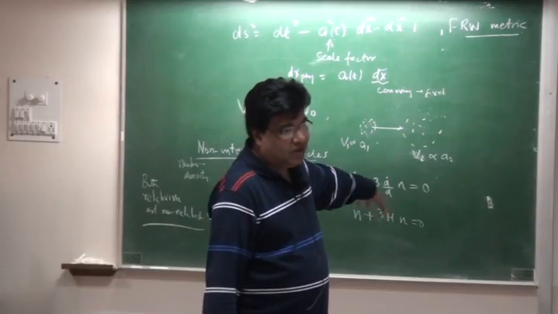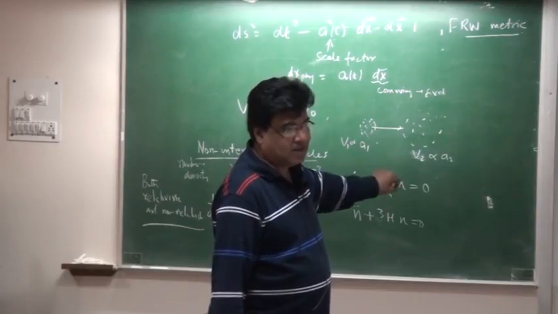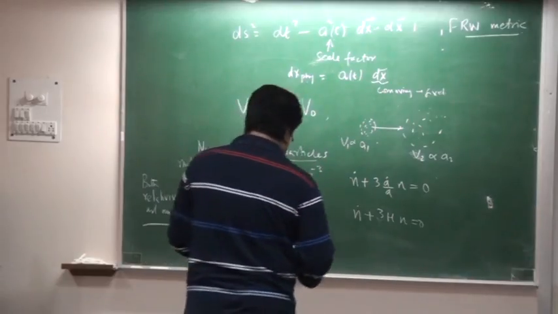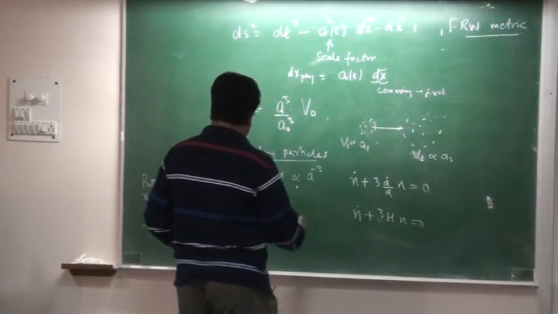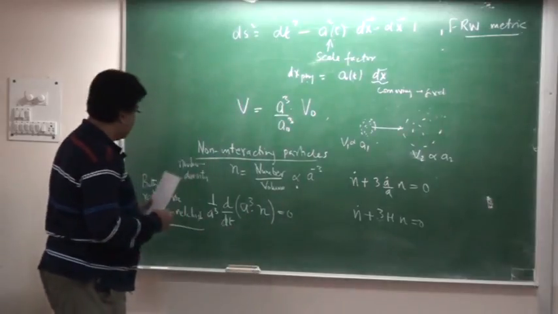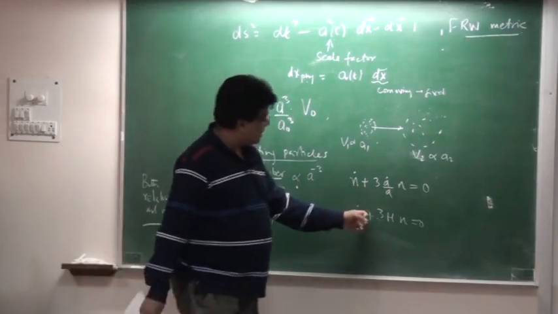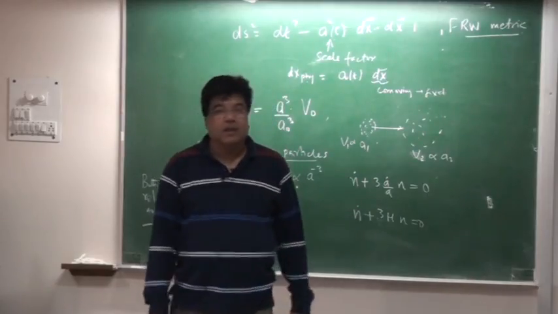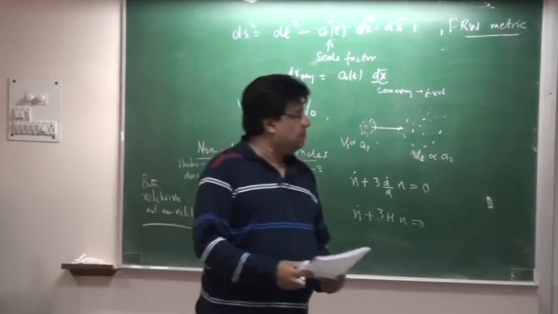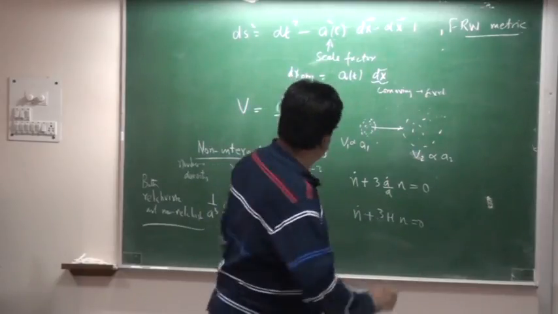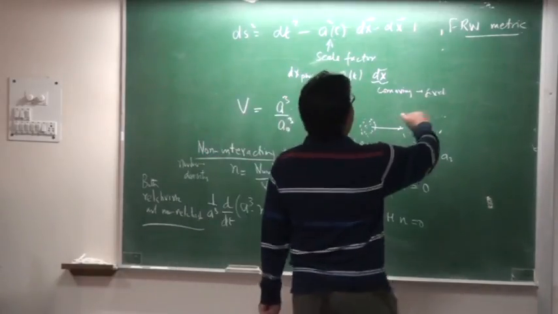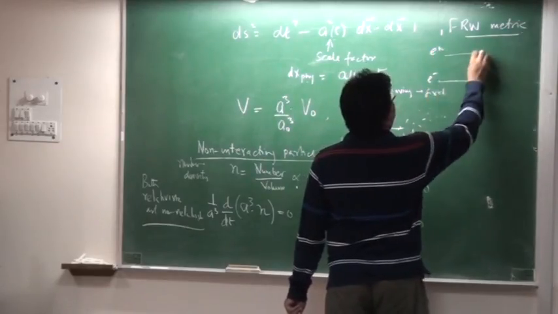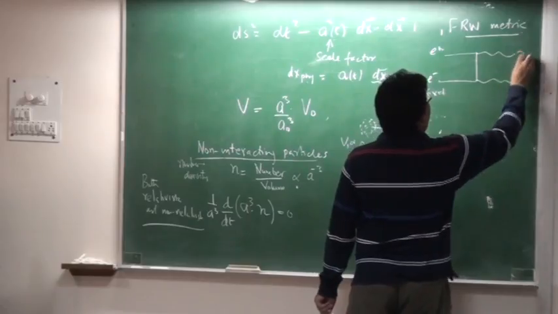Now I'll tell you how to correct this if there is interaction. When there is no interaction, for both relativistic and non-relativistic particles, this is the number density, and dot is d by dt. What do you mean by interaction here? Interaction means that you have, for example, E plus E minus giving you gamma gamma.